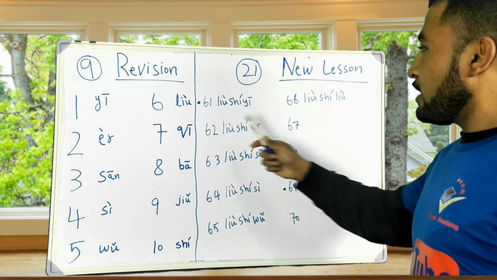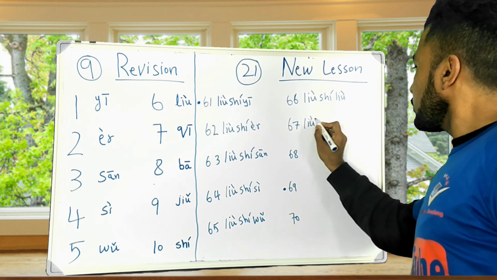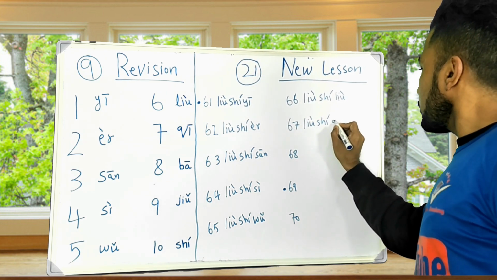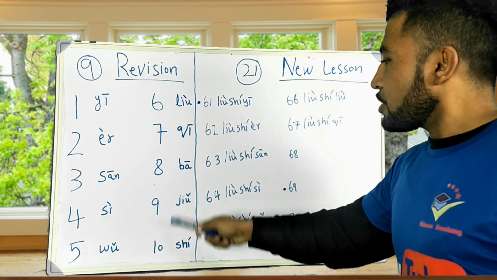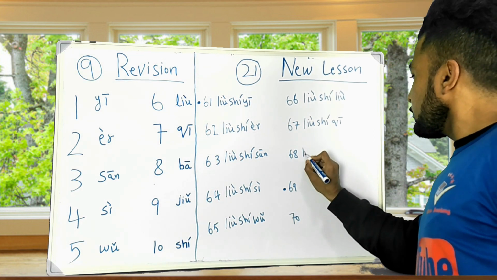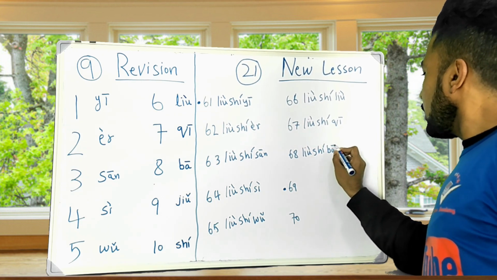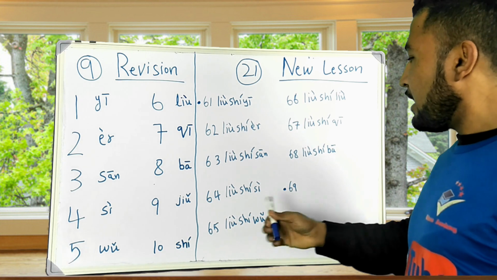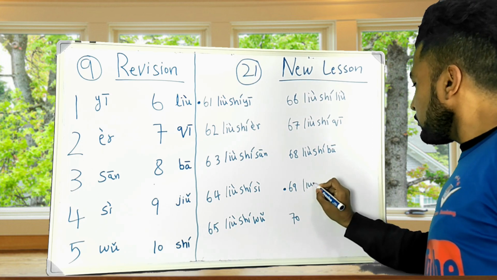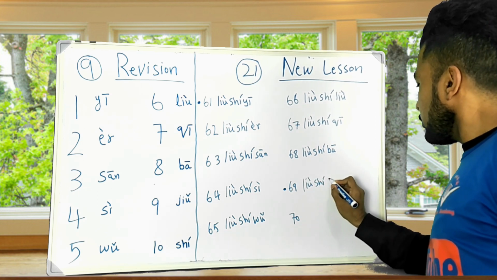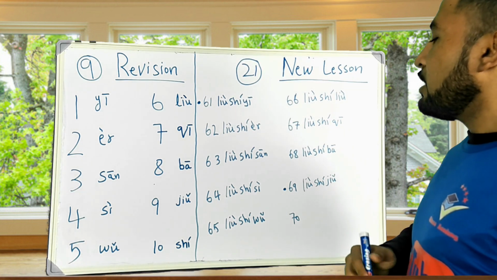67 is 67. 68 is 68. 69 is 69. And the last one is 70.